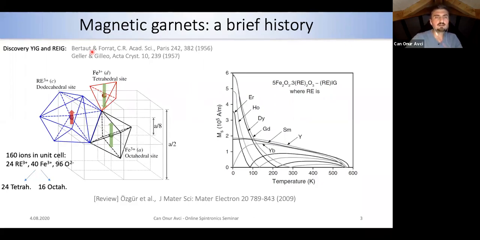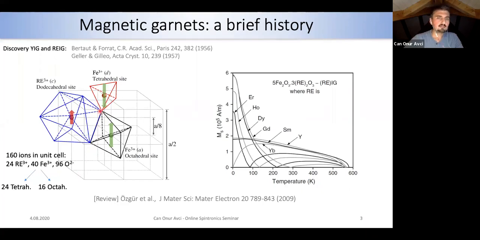So let me briefly give a very short tutorial on what the rare earth magnetic garnets look like in their very simple unit cell. Actually the unit cell of these garnets is very complex. They contain 160 ions in the unit cell, which consists of rare earths, iron and oxygen.